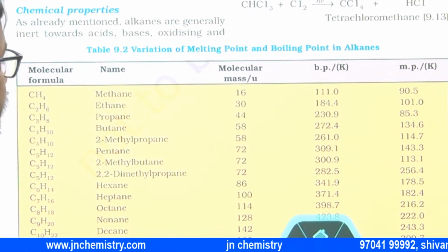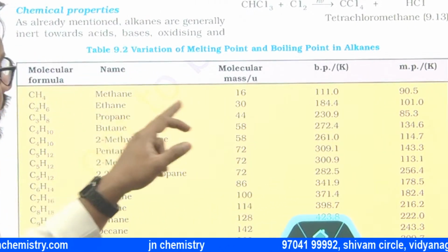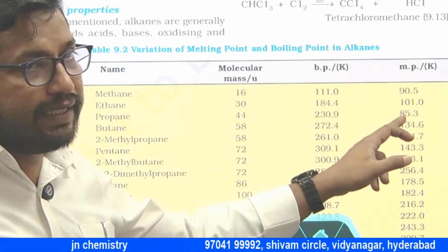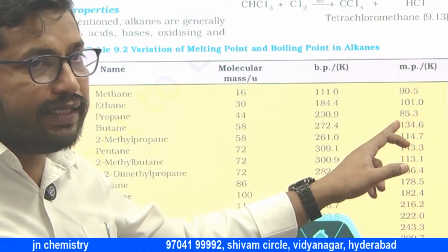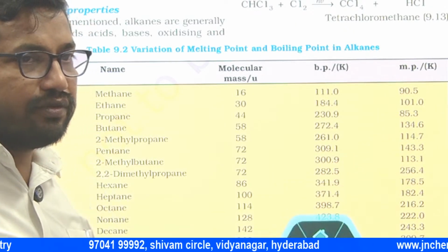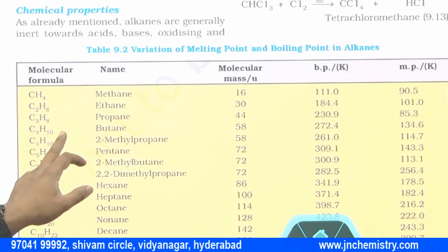right? Even number of alkanes here, see, ethane is 101, propane is odd number, it's 85. Whereas butane is 134, but pentane is 114. That's only telling.